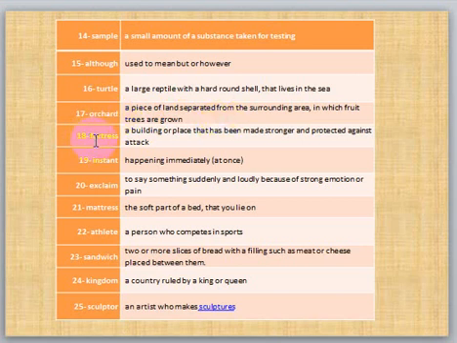Number 18. Fortress. Fortress is a building or a place, but it's not a normal building or place. This place or building has been made stronger and stronger by putting rocks or bricks, and protected against attack.